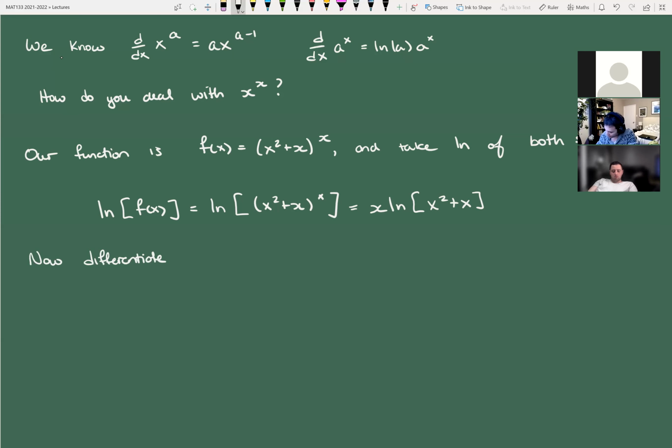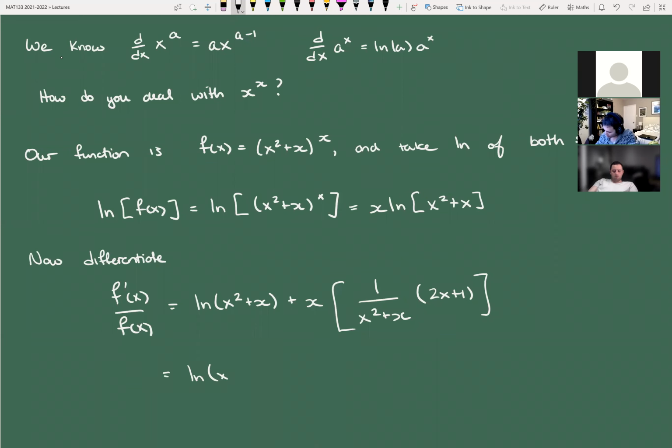Okay, on the left-hand side, we get f prime of x divided by f of x. And on the right-hand side, we have to use the product rule. So derivative of the first is 1 times the second, ln of x squared plus x, plus x times the derivative of ln of x squared plus x. So we get 1 over x squared plus x times the derivative of that, which is 2x plus 1.